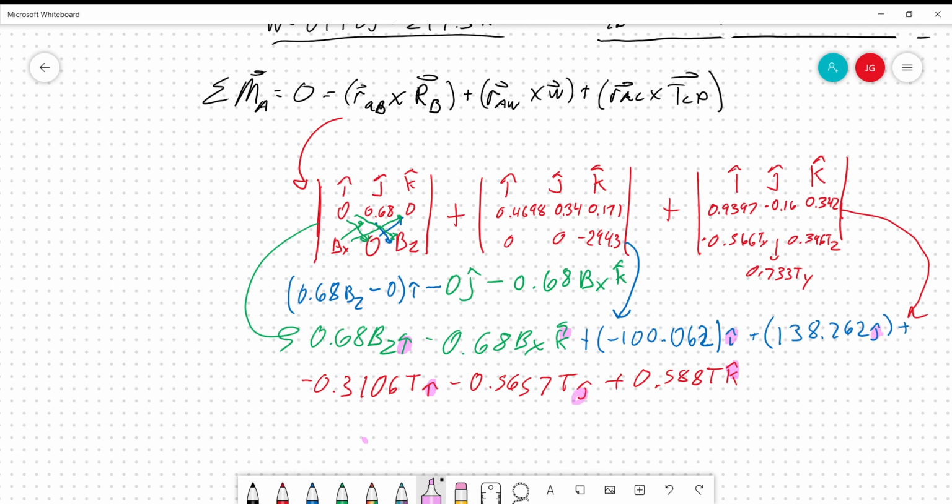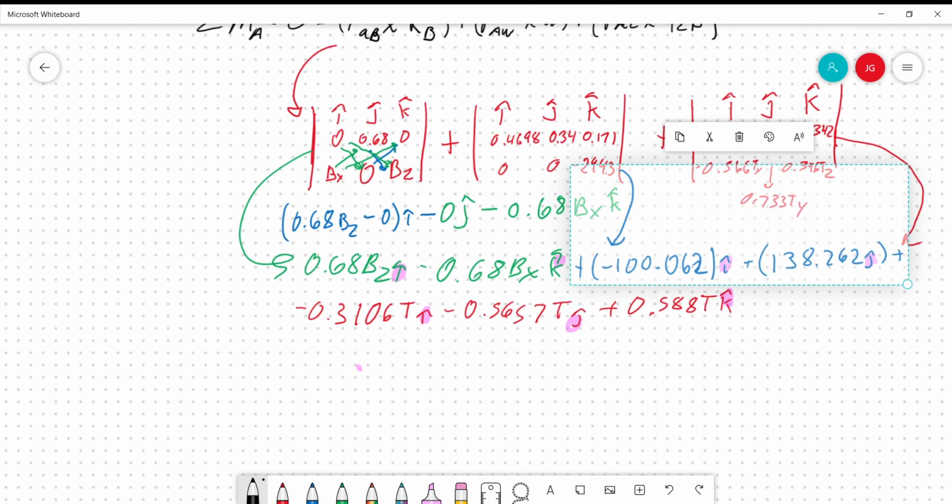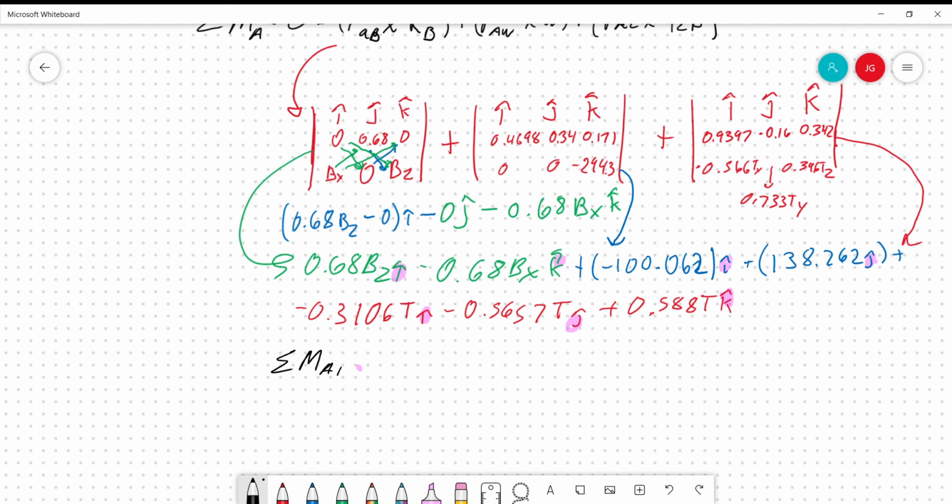And as you should know, if we separate these, we do the sum of moments in the I, in the J, and in the K, right? And these would all equal 0, right?